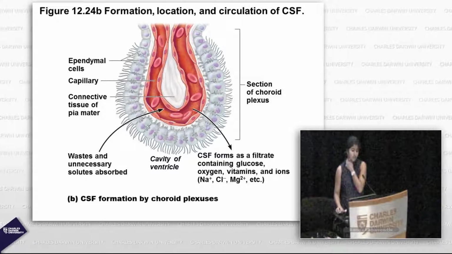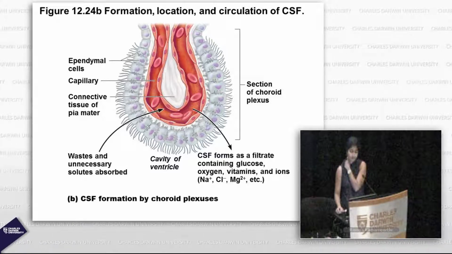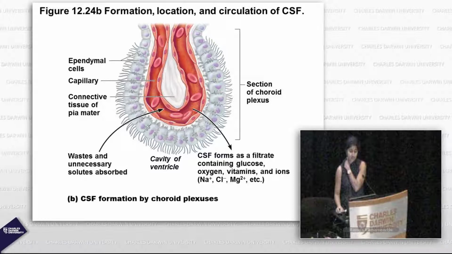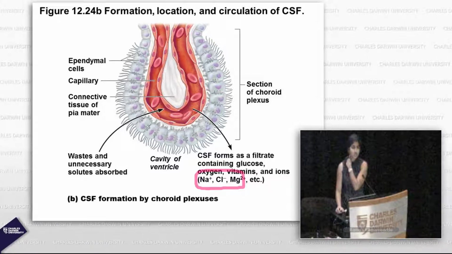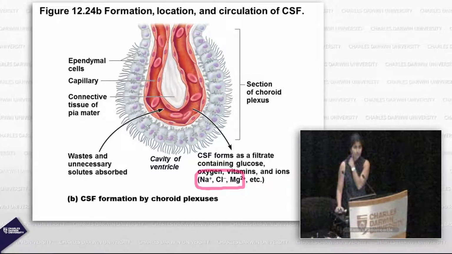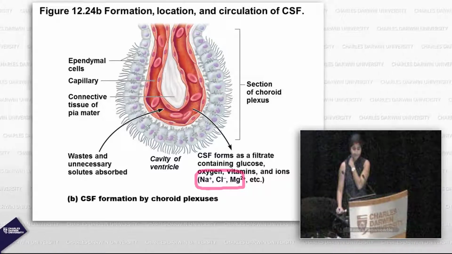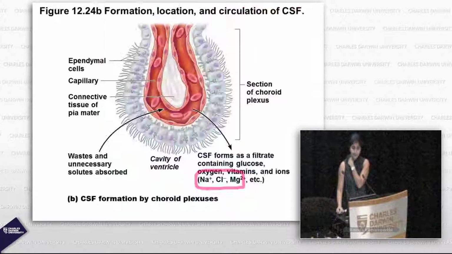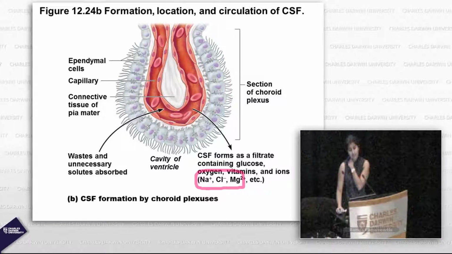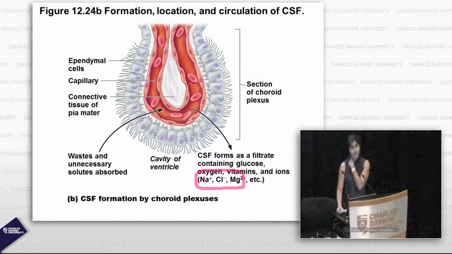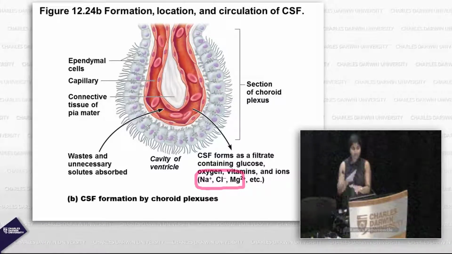But these are 3 of the many important ions present in your CSF: sodium, chloride and magnesium. Okay. And also you can see these ependymal cells continuously beat to circulate the CSF throughout your brain structures.